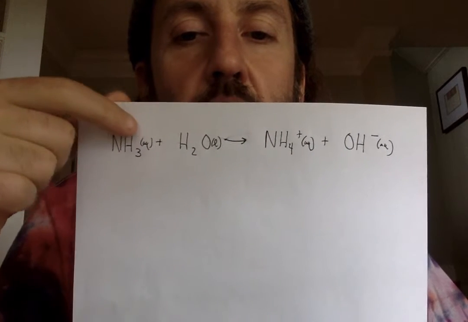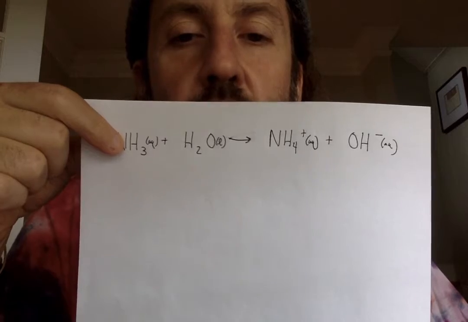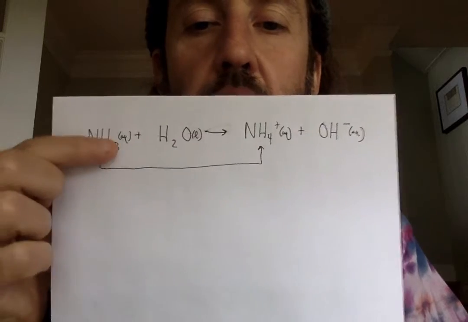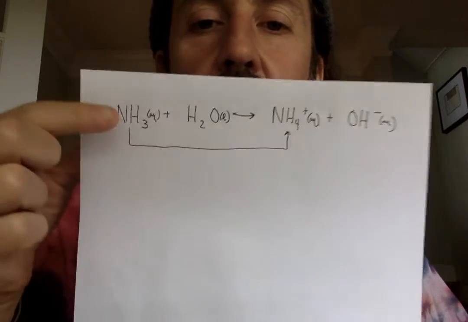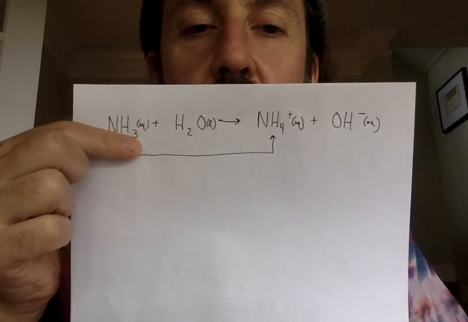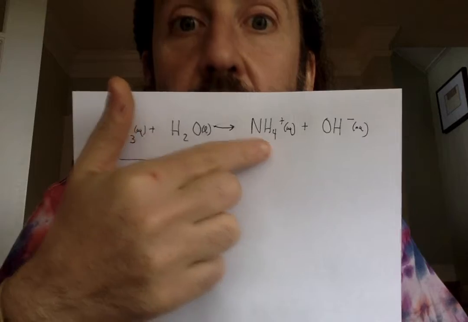Now, when you look here at NH3, you can just draw an arrow like this. Boom. Okay, so this becomes this. And you can see that here it has 3 hydrogen, and then here 4, so it's gained a hydrogen.